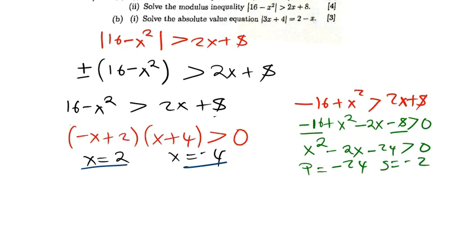So think of two numbers. 6 times 4 gives us 24. Now which one should be negative? Since the sum is negative, let the bigger number be negative. Negative 6 times 4 is minus 24, and if you add, it's minus 2. Since the coefficient of x squared is a positive 1, this is simple. It will just be x minus 6, x plus 4, greater than 0.